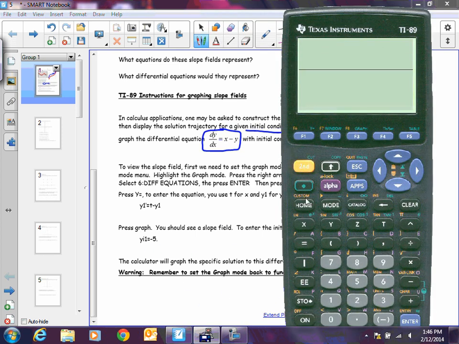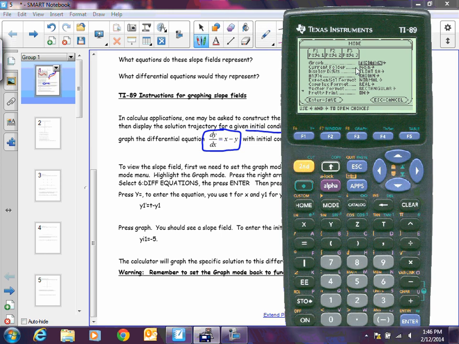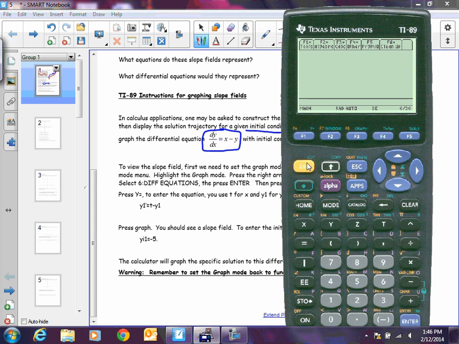So the first thing we need to do is go to mode. If you go to mode and see where it says graph function, and you press right, there's a drop-down menu, and we don't want to be in function mode. We want to be in differential equations mode. And so now we want to go to y equals, and it should look like this.